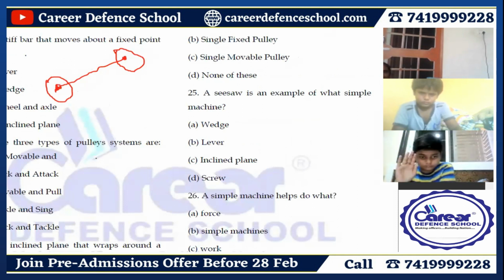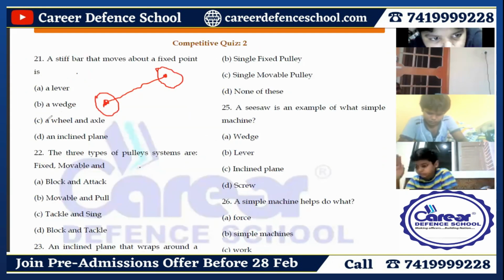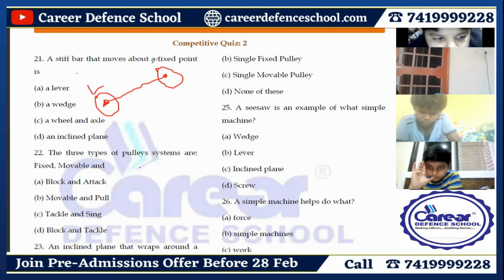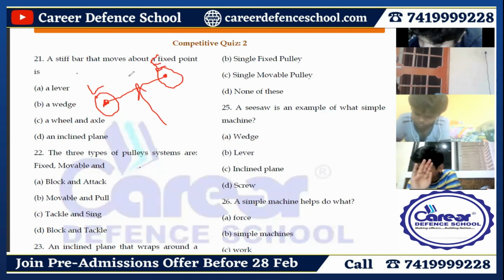Now, Natik, can you tell me this is the example of what simple machine? Is it a lever? Is it a wedge? Is it a wheel and axle or an inclined plane? Ma'am, lever. Very good. It has load and effort, and we put the effort here, and this point is called the fulcrum.